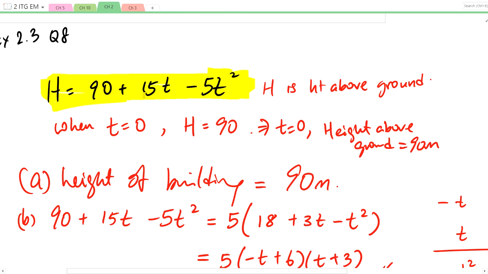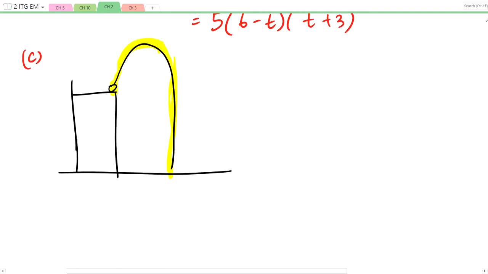When t equals something, then we get h equals something, right? For the entire flight of the ball, it started at time equals 0, okay? The question is, when did it end, right? When the ball reached the bottom over here, is that when we should stop our stopwatch?